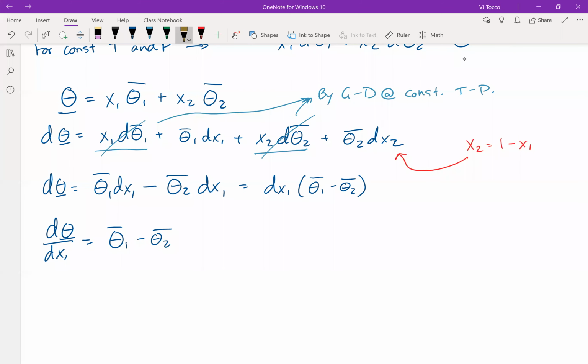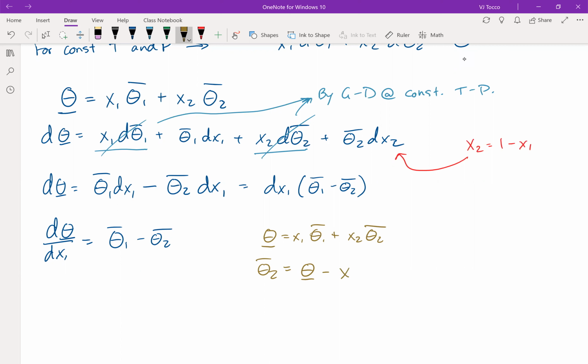So I can solve for partial molar 2 by going back to this original equation that we started with and solving for theta 2. So theta 2 is theta. I should be more specific when I'm saying theta because theta under bar is different than theta over bar.